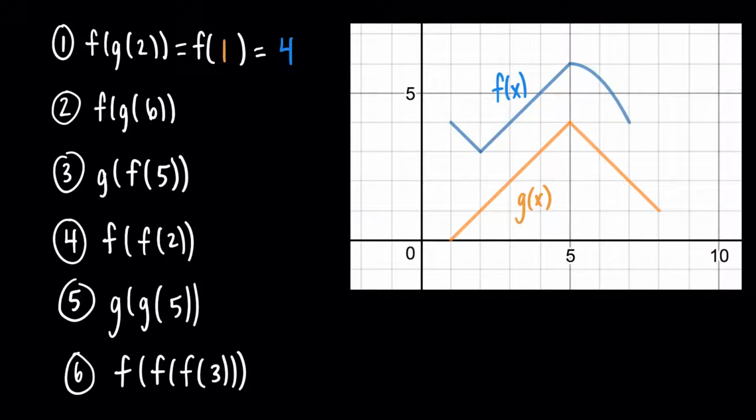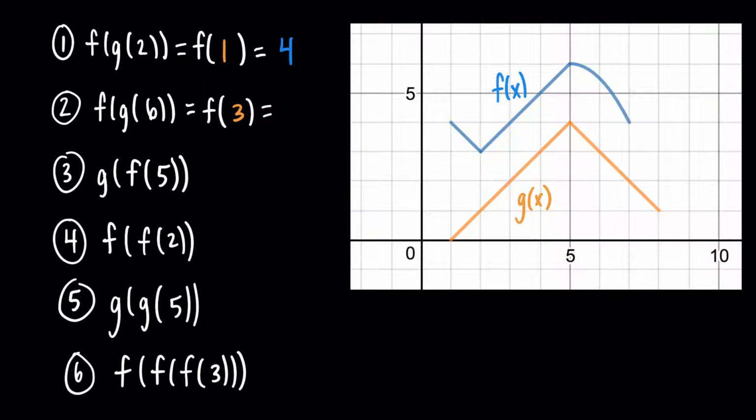So how about f of g of 6? So this is going to be f of, what's g of 6 here? So let's go over. On the input scale or axis, we'll go over to 6. What's the output that gets paired up with 6? It is 3. So that right there is 3. The y value is 3 there. So what we're doing is we're going to say that this is f of 3.